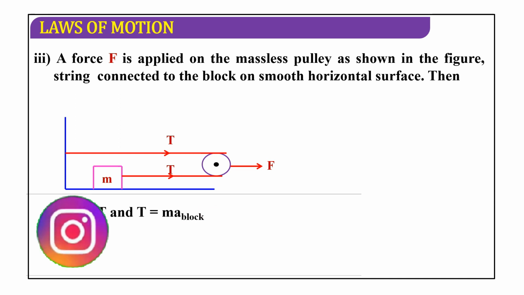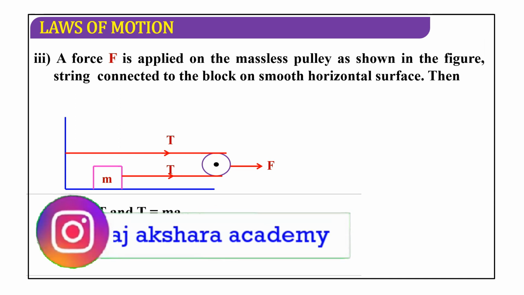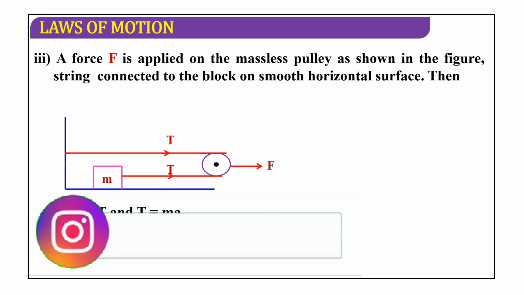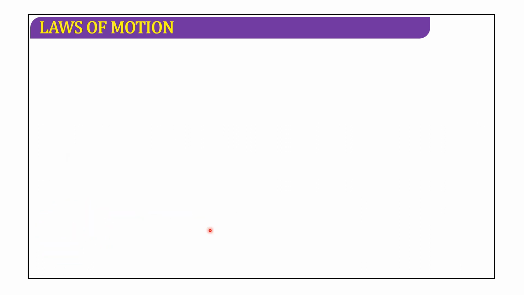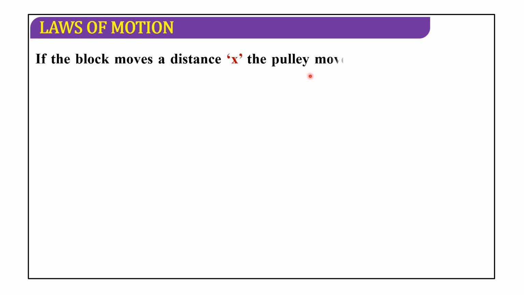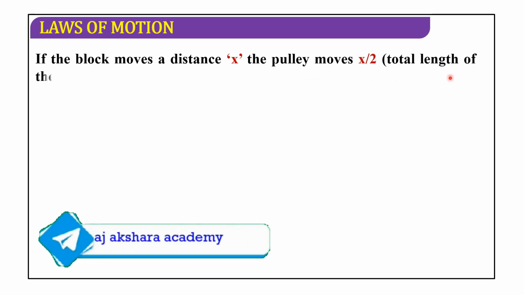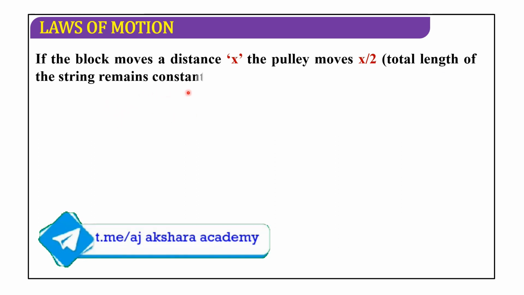Then F is equal to 2T, where T is tension. T is equal to MA, where A is the acceleration of the block. If the block moves a distance x, the pulley moves x by 2, so the total length of the string remains constant.